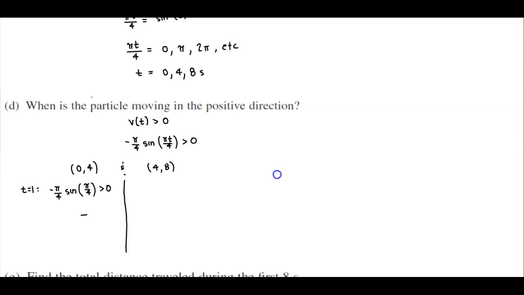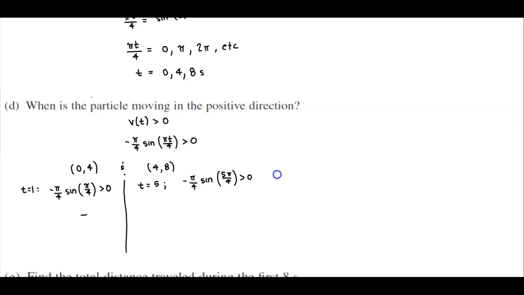And then if we look at the interval between 4 and 8 and we pick a value in there, so let's say t is equal to 5, and then we plug that into negative pi over 4 times the sine of 5 pi over 4, well, that's going to be greater than 0.